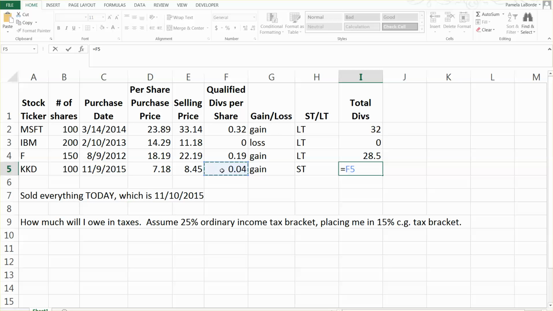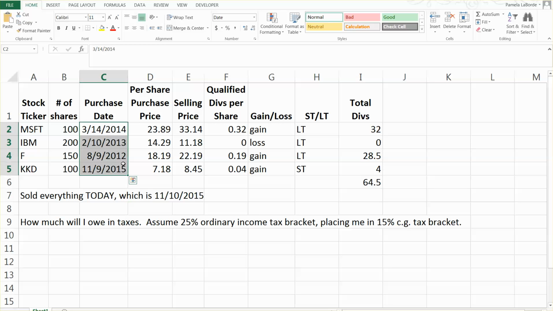And then for Krispy Kreme, I got dividends totaling 4 cents, and then I owned 100 shares, so I got $4 in dividends total. And then I just want to sum all these total dividends. So altogether, over the entire course of time that I held these stocks, I received $64.50 in dividends.